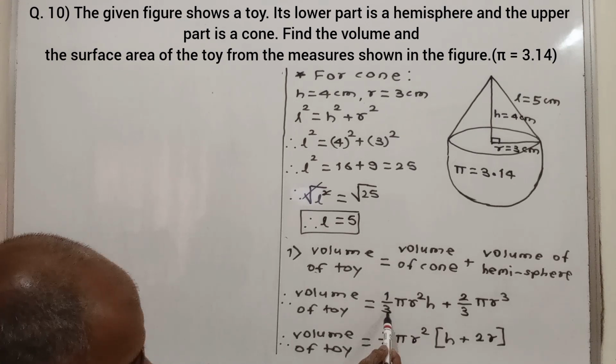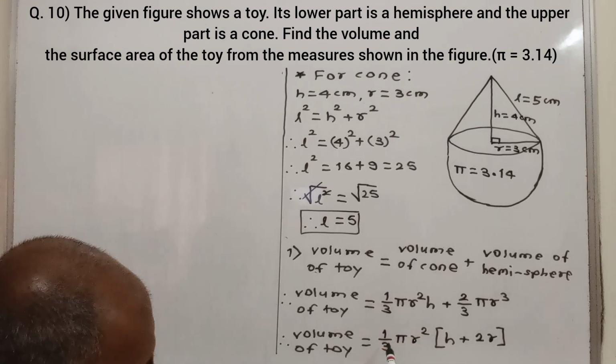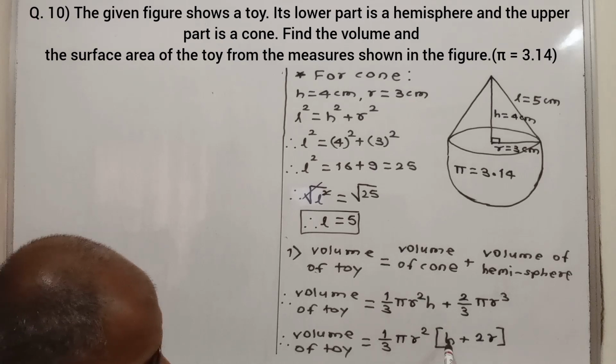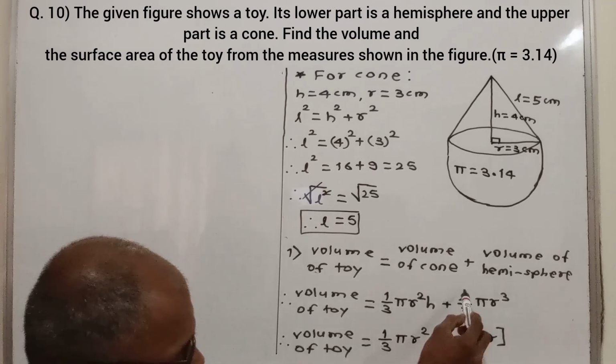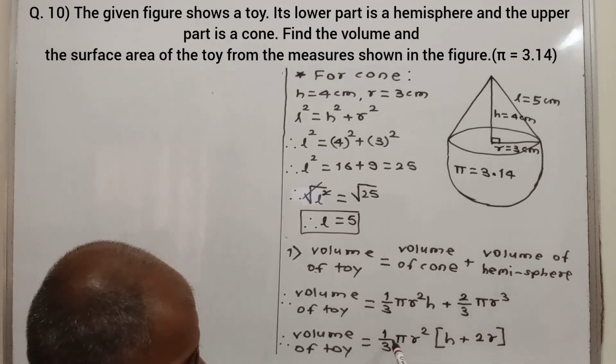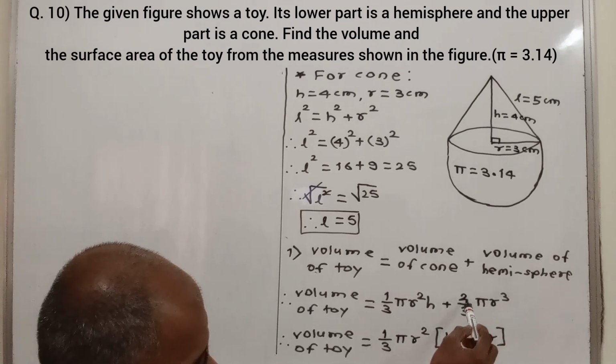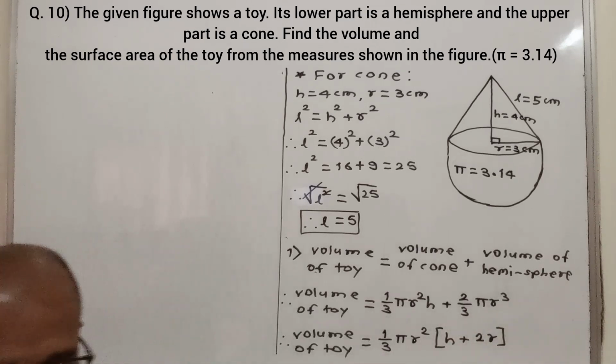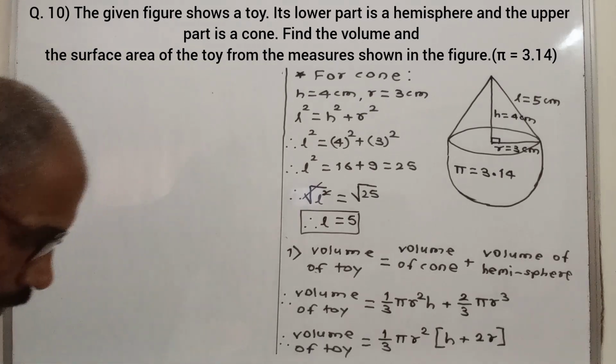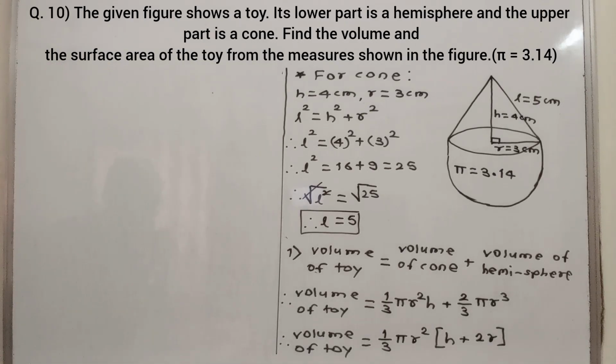See this, 1 upon 3 pi r square we have taken common, then left here h, and 2 and r. Did you get it? Now we put values.